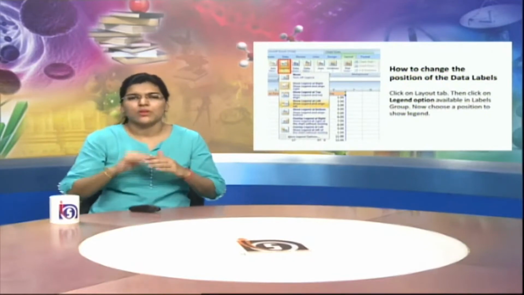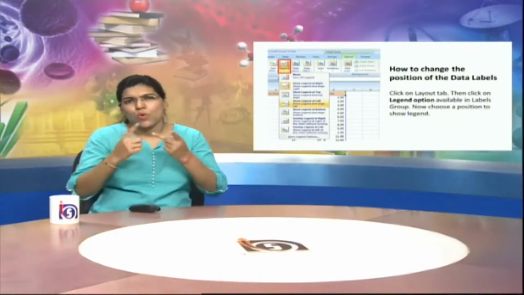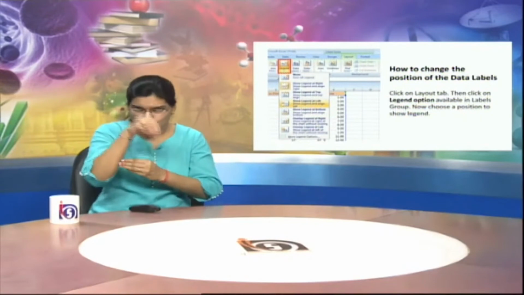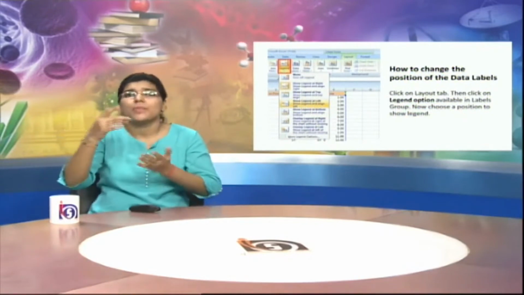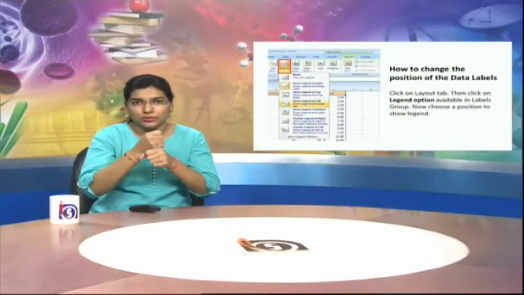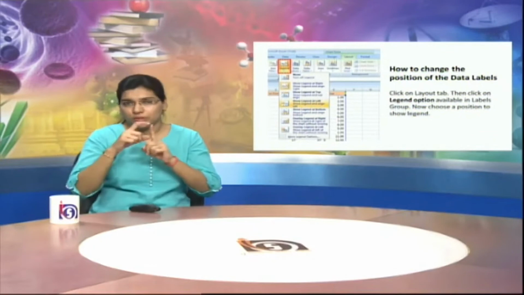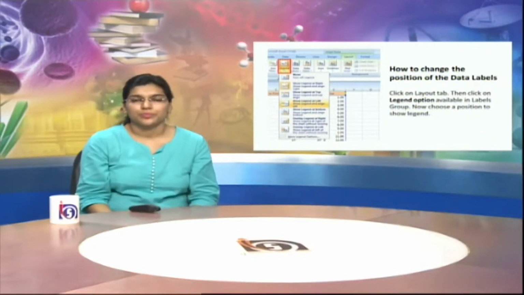In this data table, if you want to put some more color or some more numbers, if you want to add some data in this, then you can do that with the legend option that you can see on the screen.